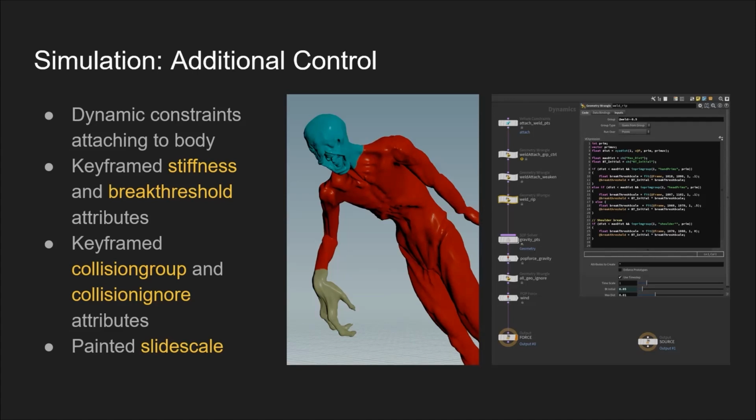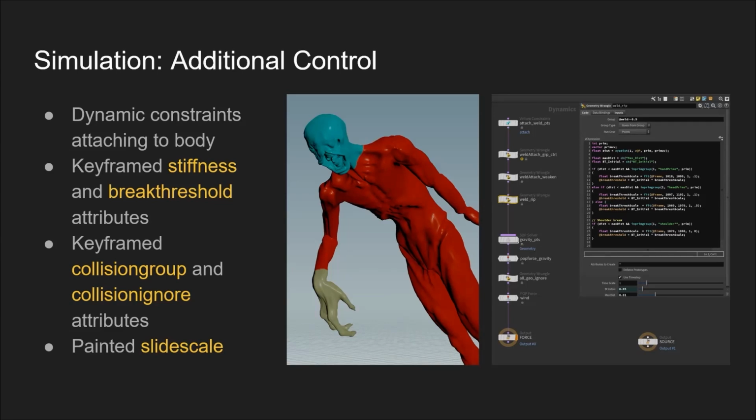So what happens is, in Vellum, you can use a geometry wrangle to decrease the strength of the break threshold. So I would set the break threshold to say 100, meaning the welds will never break. And then if I lower it down to 0, the welds will break. So once I set those keyframes, I can control exactly where the welds would break.